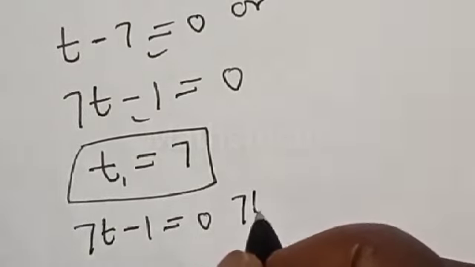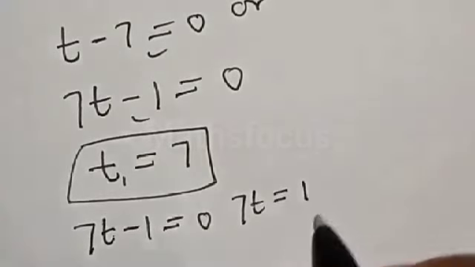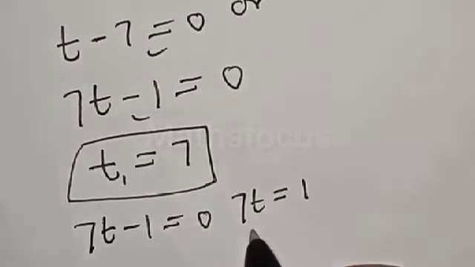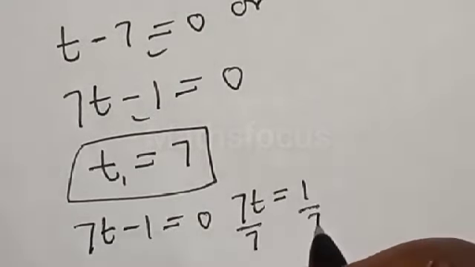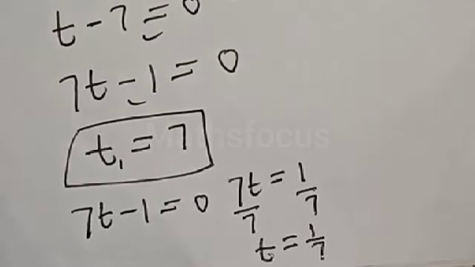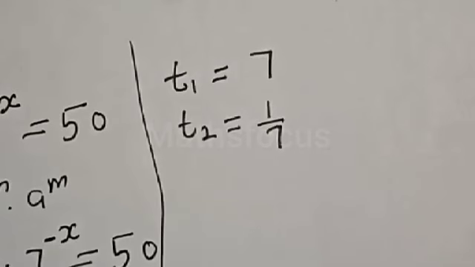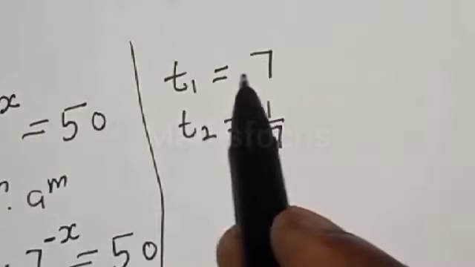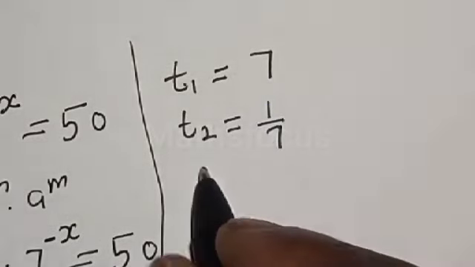Then 7t is equal to 1. Now, let's divide both sides by 7. Now, t is equal to 1 over 7. That is our t2. Now, our t1 is equal to 7 and t2 is equal to 1 over 7.